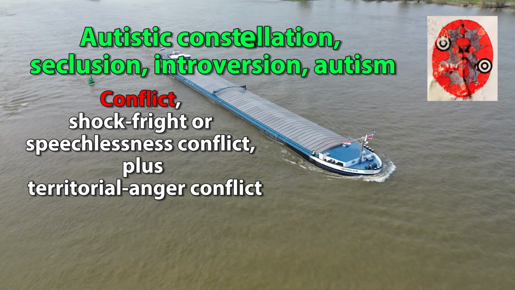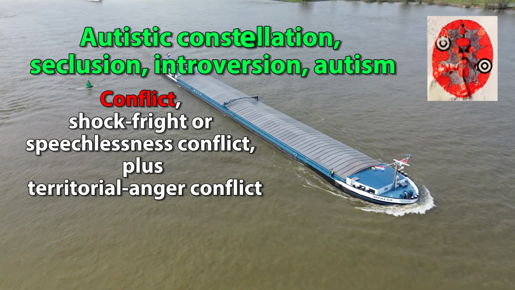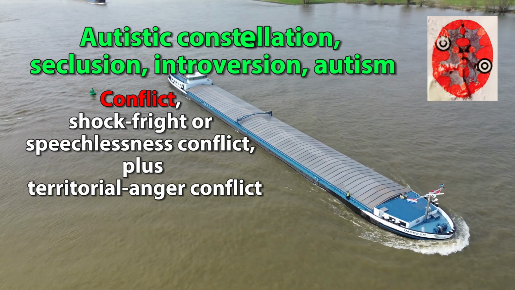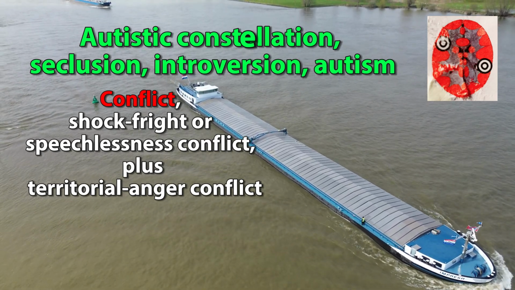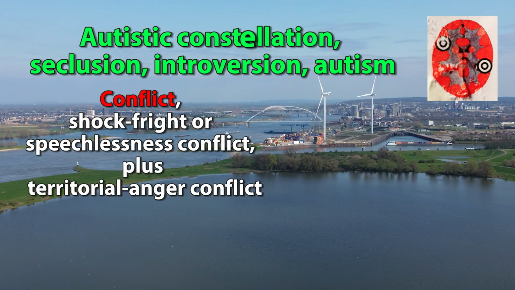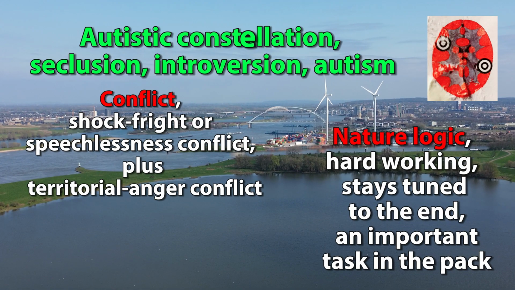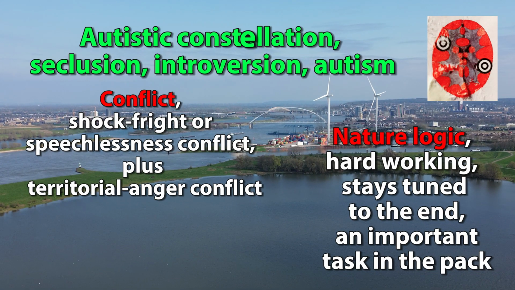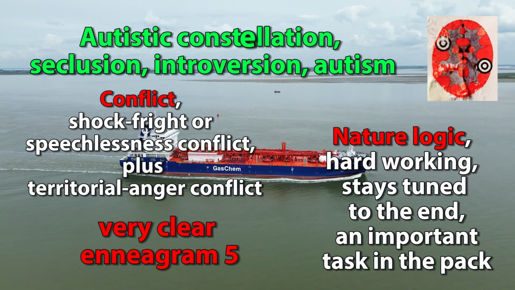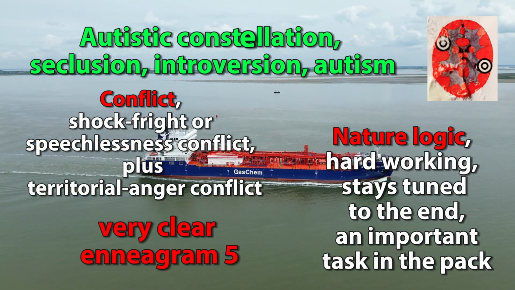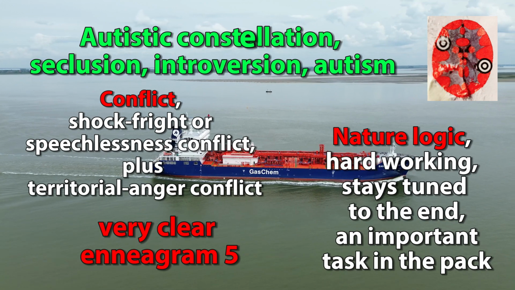Depressive emphasized, little contact with the environment, brooding, loner, apathetic, staring into space, extremely engrossed in work. Nature logic: hard-working, stays tuned to the end, an important task in the pack. Very clear Enneagram 5, and not necessarily disintegration, might be a temporary focus for a task.